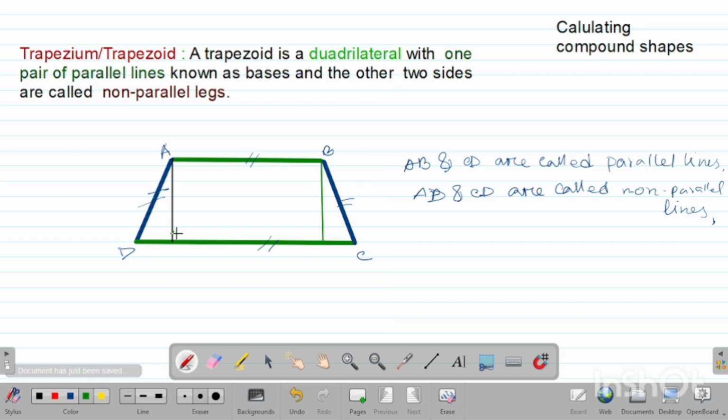We all know that height is perpendicular to base. That's why this angle is 90 degrees, and also BFC is equal to 90 degrees.